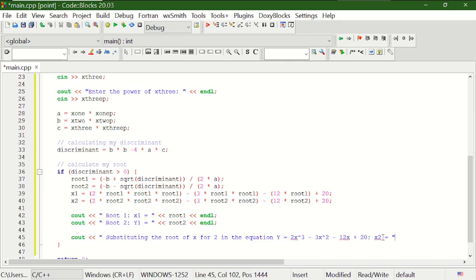So x1 should be equal to, so x2 should be equal to x1.